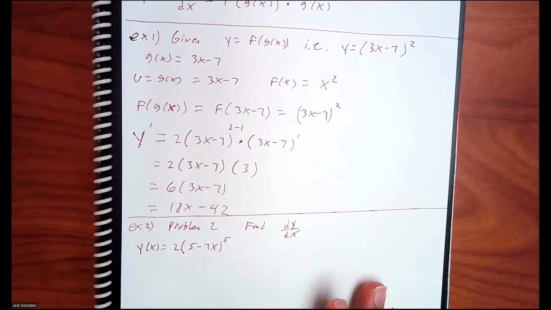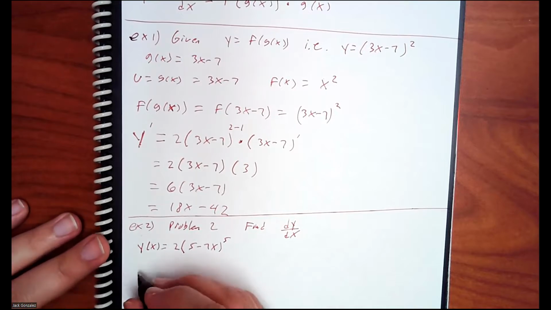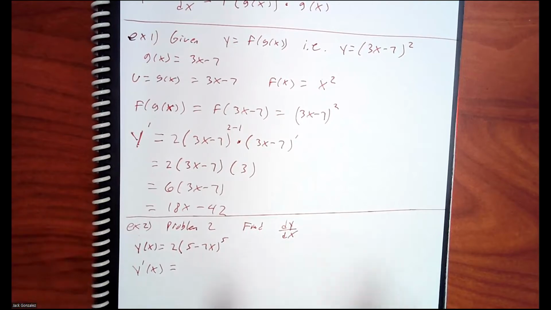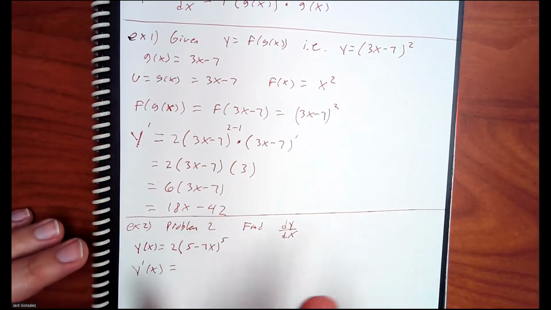Okay. So what is the outer function? 2x to the 5th, yeah. What is the inner function? 5 minus 7x. Okay. So if I find a derivative, I do the derivative of the outer part first without messing with the inside.